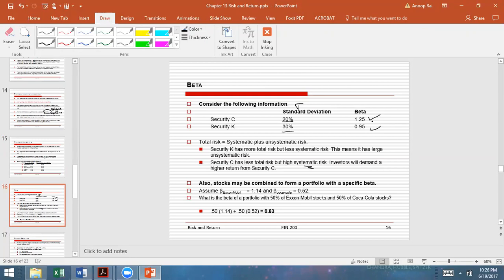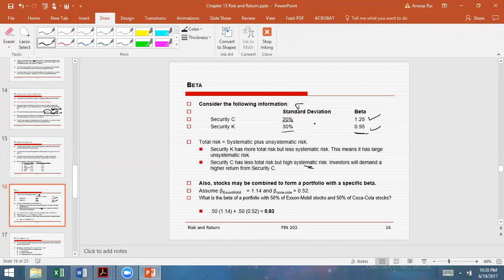So in other words, even though individually it doesn't have a high risk, it moves with the market a lot more than the market does, as opposed to security K, which on its own has a 30% risk, but when put in a pool of 100 into a bundle of stocks, it moves less than the average of the market portfolio.